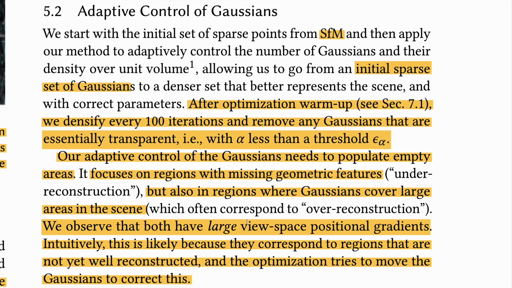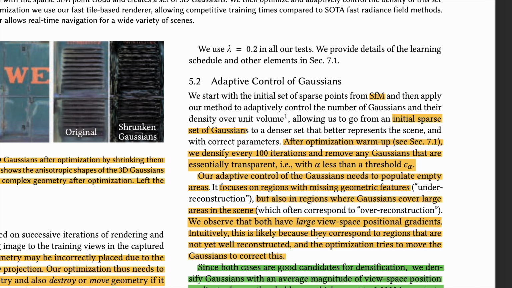Basically, a way to say that is: if you have a big gradient, it means you need to do a big update. You need to move your parameters by a lot. If gradients are small, you are maybe close to the optimal value. So when you have a big gradient, the parameters need to be updated by a lot, and therefore you are far away from your optimal value.